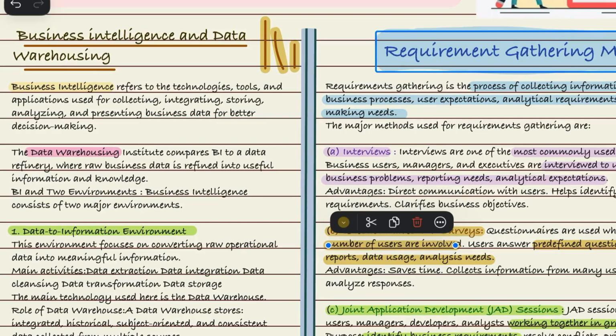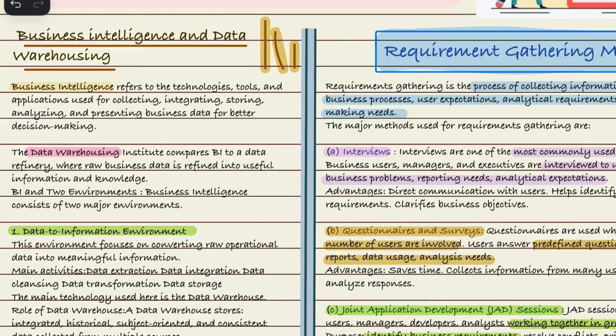So let's quickly discuss our ultimate destination, BI, that is business intelligence and data warehousing. You know that the Data Warehousing Institute describes and compares BI to a data refinery. What does that mean?